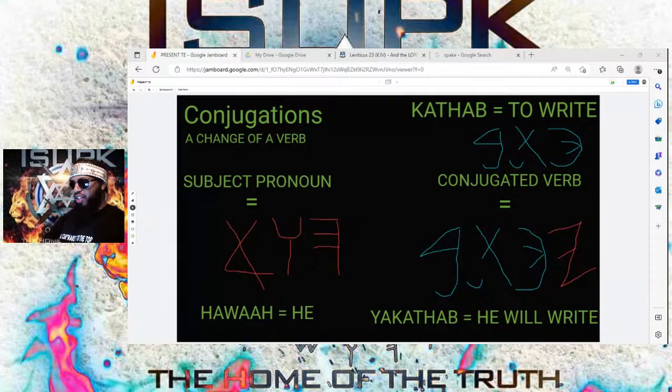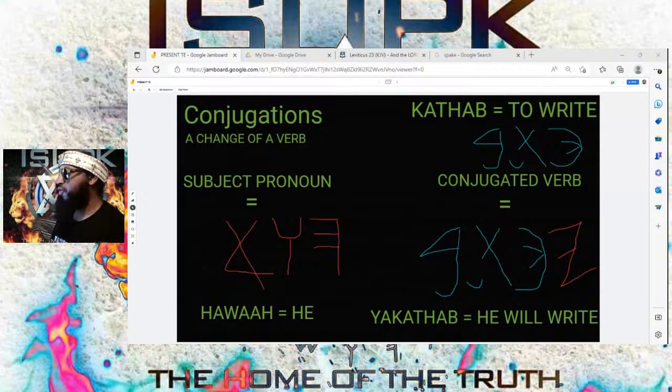We just got finished going over that the letter ya in front of a verb can mean "he wrote," the preposition, that ya meaning "he," and it can be used in the past tense. But it can also be a conjugation in the future tense. And here you go: ya kathab, meaning "he will write." Now this is an actual conjugation.